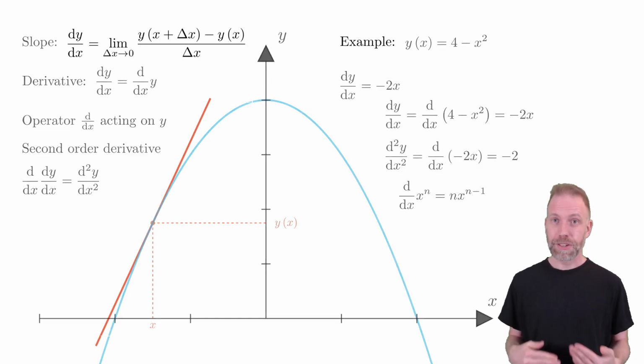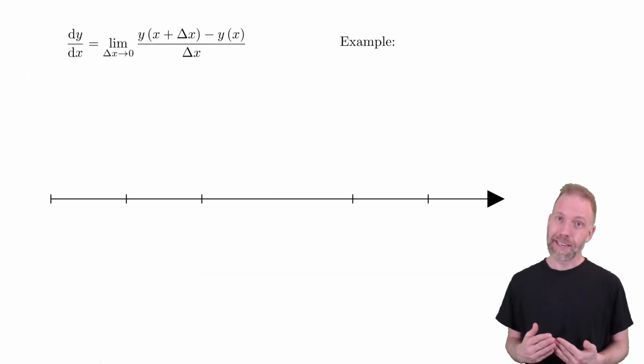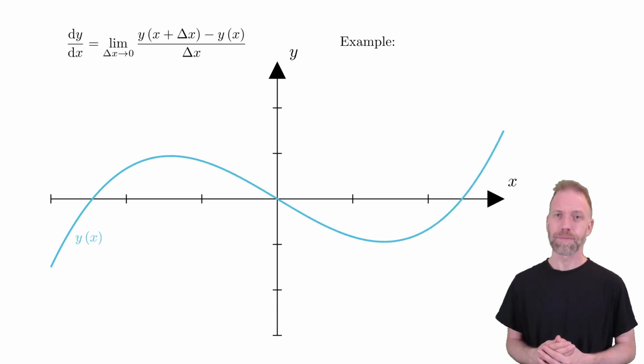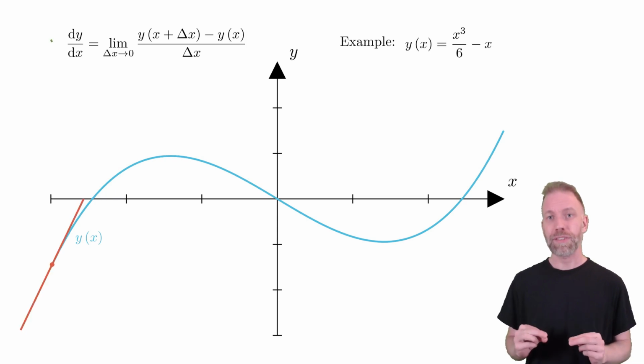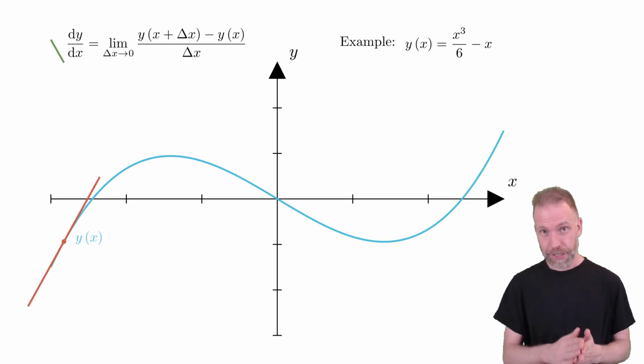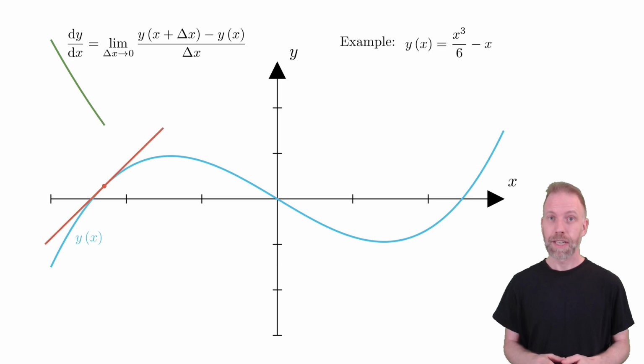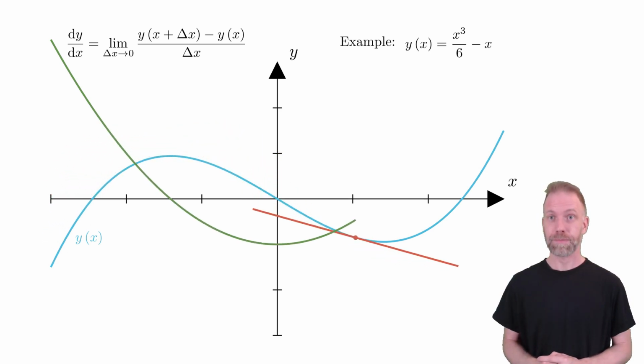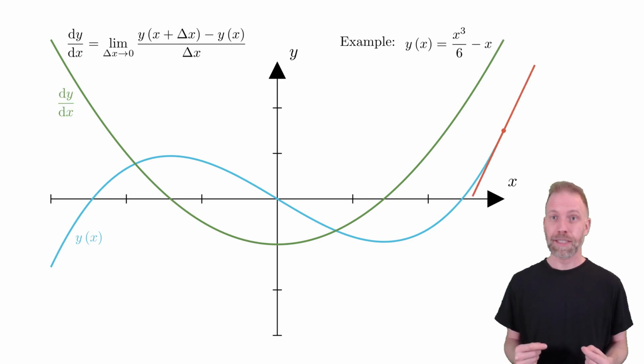To illustrate the derivative more, let us switch to a slightly more advanced function, a cubic polynomial. We are now going to draw the derivative of this curve, which is the green line. The more slope we have, the larger value of the derivative. We can also write down the derivative as x squared over 2 minus 1.